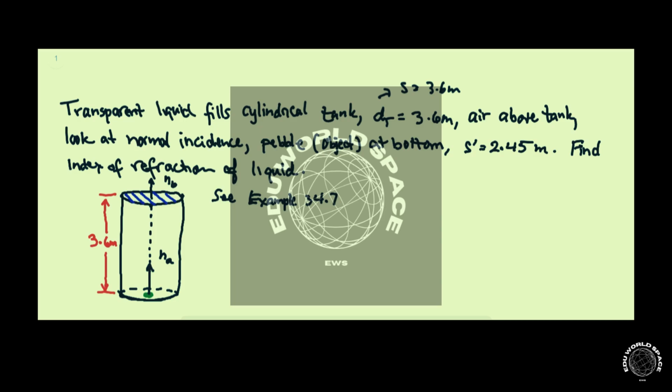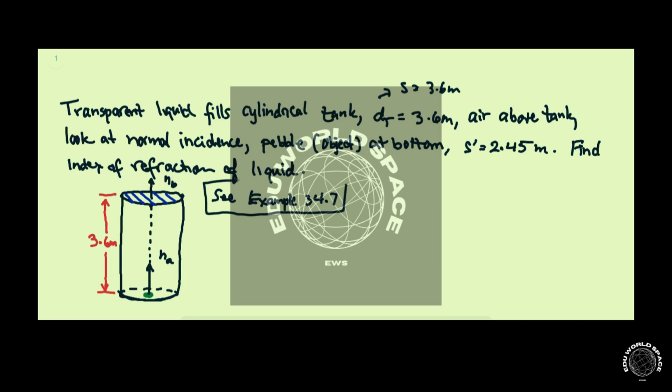And we're told that the apparent distance of the pebble when you look into the tank is 2.45 meters. So that's our S primed. And we're asked to find the index of refraction of this particular liquid.